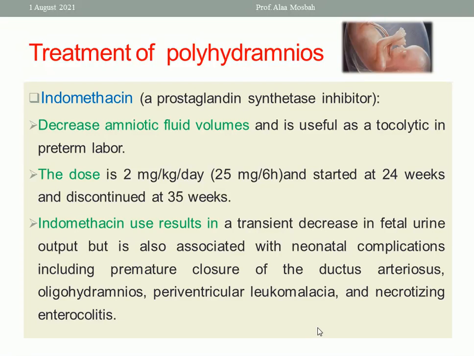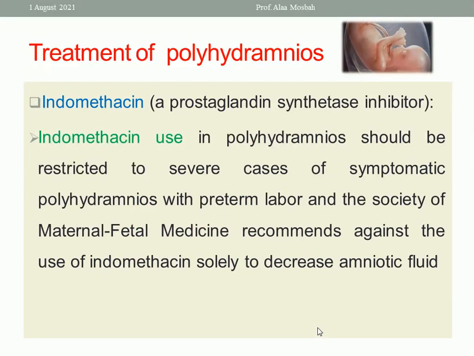But on the other side, it has complications, and very important. What is the complication of indomethacin? Premature closure of ductus arteriosus, oligohydramnios, periventricular leukomalacia, and necrotizing enterocolitis. Indomethacin use in polyhydramnios should be restricted to severe cases of symptomatic polyhydramnios with preterm labor, and the Society of Maternal Fetal Medicine recommends against the use of indomethacin solely to decrease amniotic fluid.